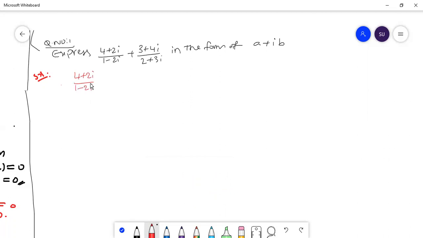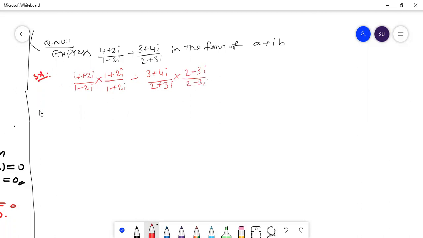There are many ways to solve this. One way is to rationalize the two parts separately. For the first part, the denominator's rationalizing factor is 1 plus 2i, so multiply by (1 plus 2i) by (1 plus 2i), plus (3 plus 4i) by (2 plus 3i) into (2 minus 3i) by (2 minus 3i).